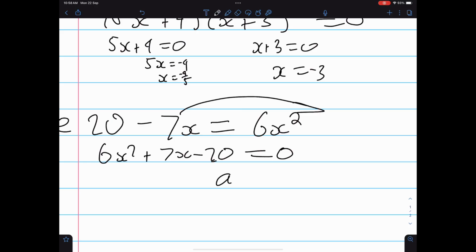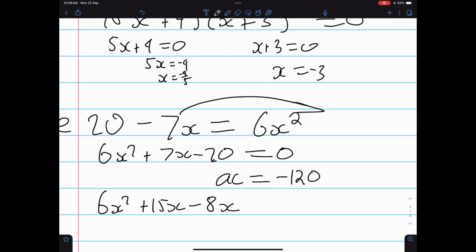Now AC will equal minus 120. And so now we have to think of two numbers that will multiply to minus 120 and add to 7. And off the top of my head, that will be 15x and minus 8x.